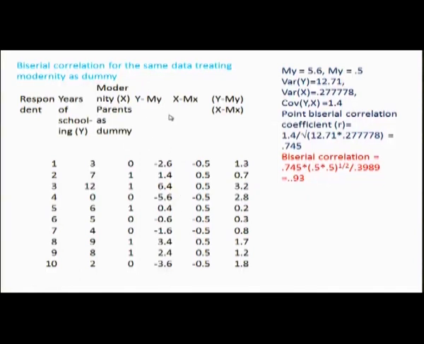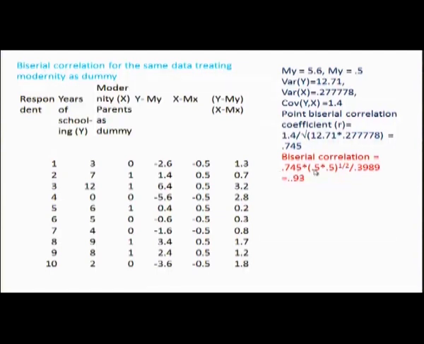Then we calculate y minus my, x minus mx, and for covariance this part, and so mean of one, mean of another, variance of one, variance of another, covariance, then point biserial, this is 0.745 using the standard Karl Pearson's correlation coefficient.